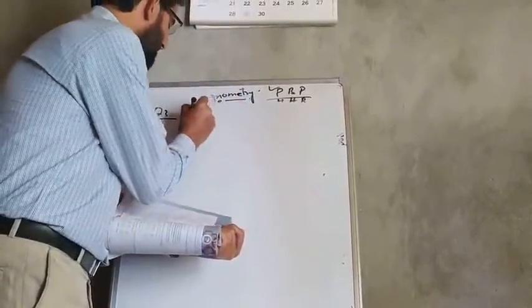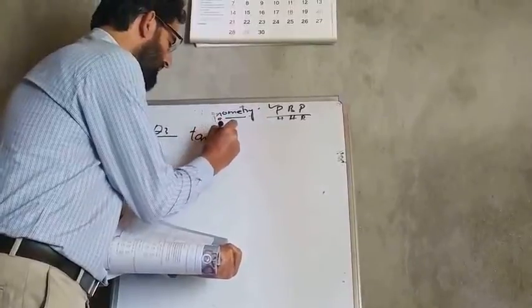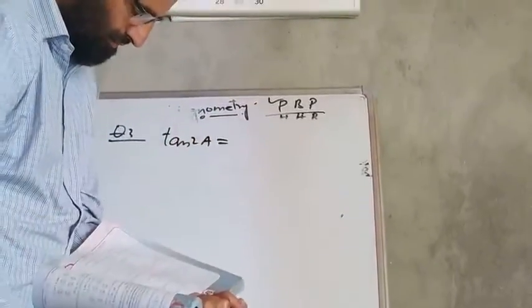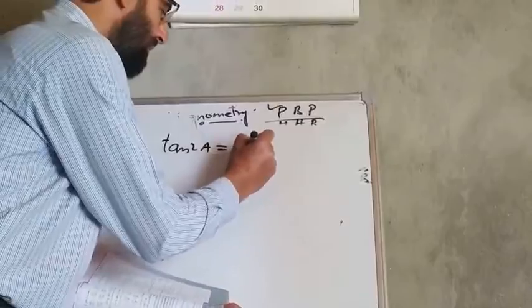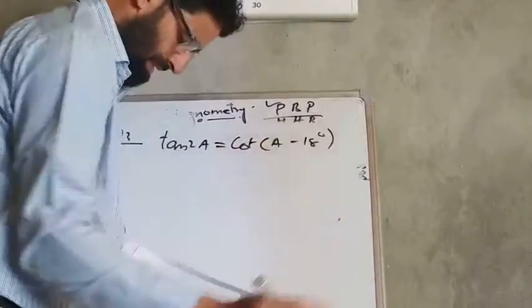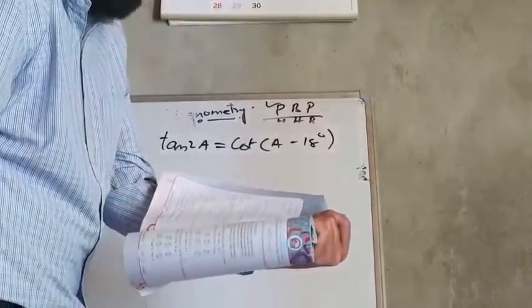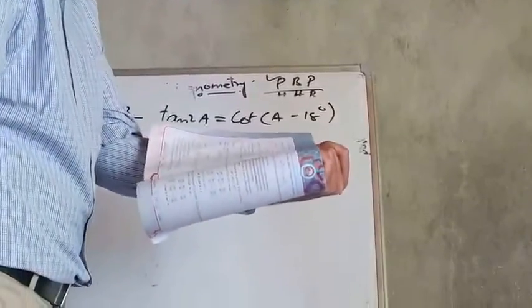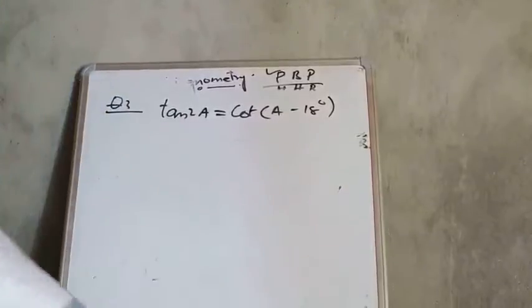Tan 2a is equivalent to cot of a minus 18 degree. Where 2a is an acute angle, find the value of a.